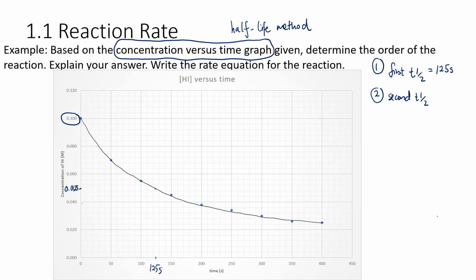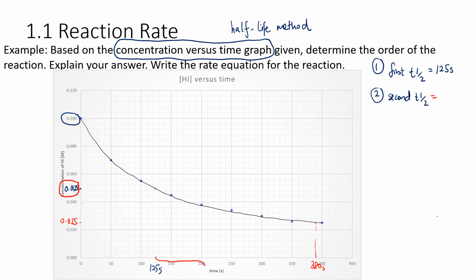Then we need to determine the second half-life value. So this is the initial concentration for the second half-life. After the second half-life, the remaining concentration will be 0.025, and that is equal to 380 seconds.